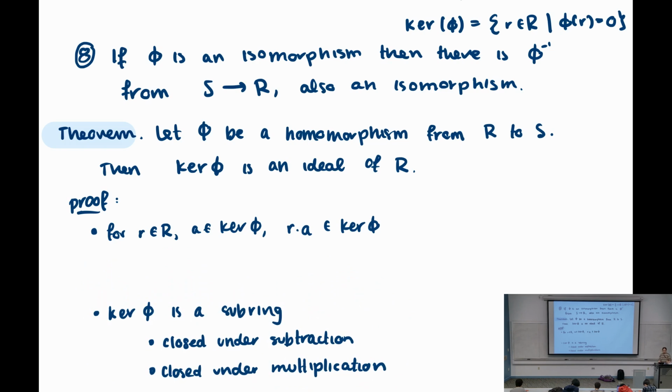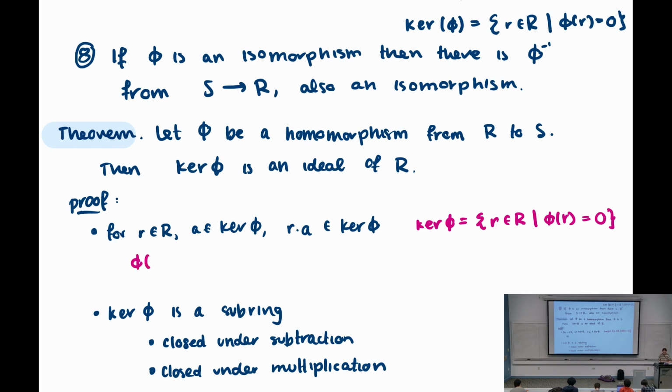So given an R in the ring and an A in the kernel, let's see why R times A is in the kernel of phi. So the kernel of phi is those elements R in R such that phi of R is equal to 0. So let's apply phi to R times A and see what happens.